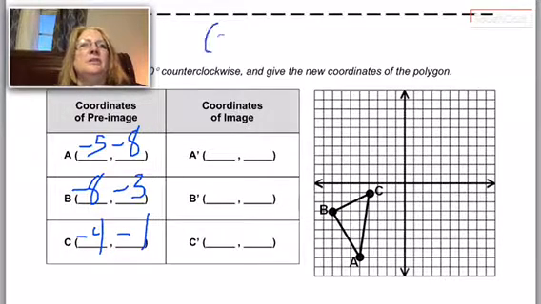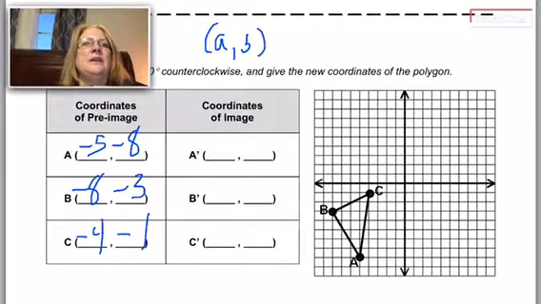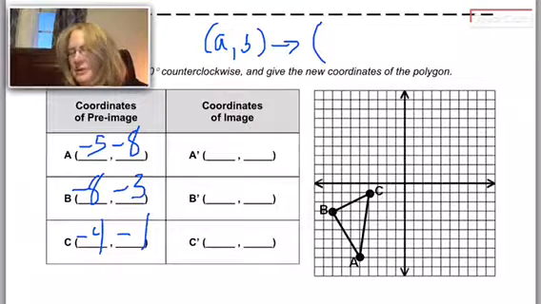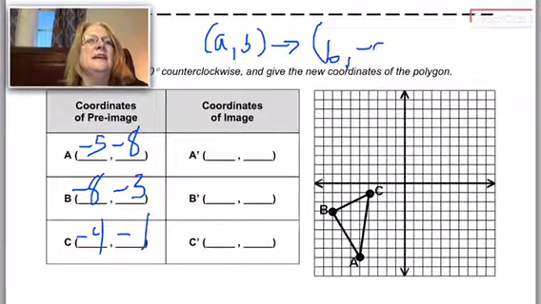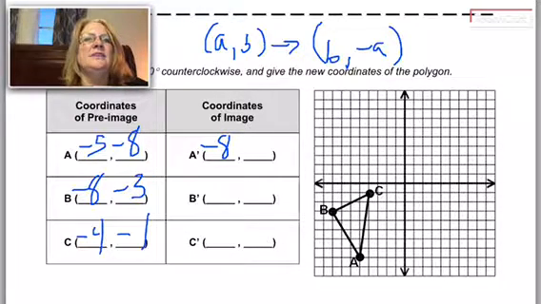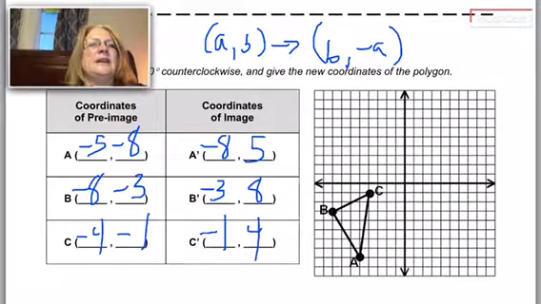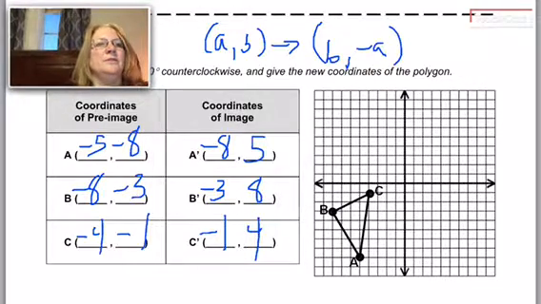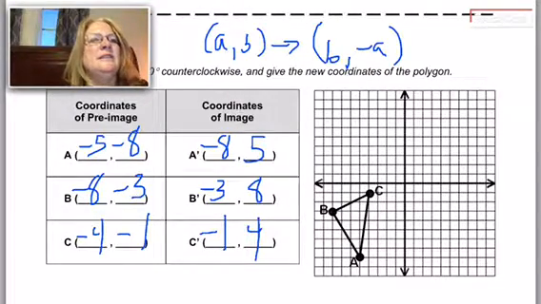And the rule here is (a, b) becomes (b, -a). So B comes first, same sign, change the sign of A. B first, change the sign of A, B, and then A. And so here we have (-8, 5).